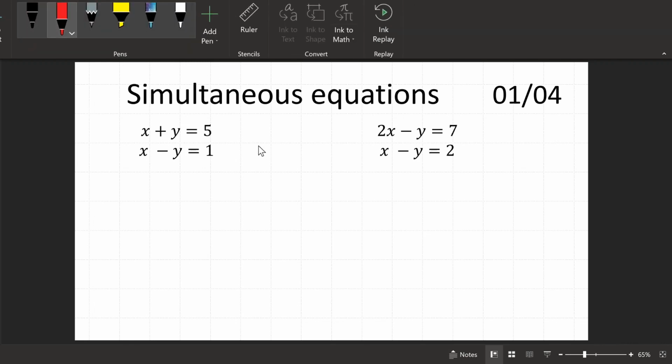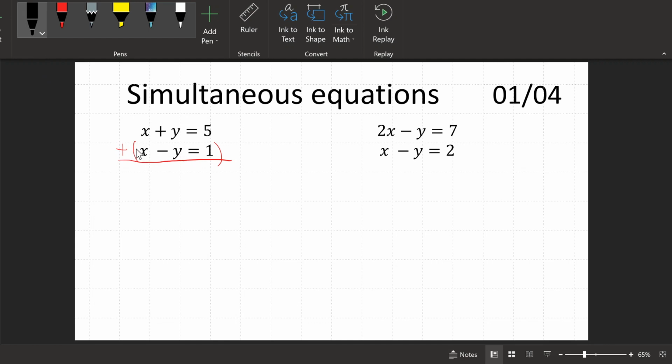Now, in this situation, you'll notice that the y here is positive and the y here is negative. So we don't actually need to subtract them. We can actually just add these two expressions together in this situation. So because the two y values have different signs, we can just add them.